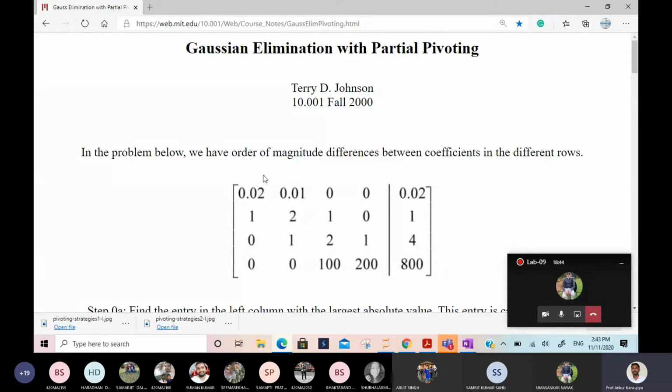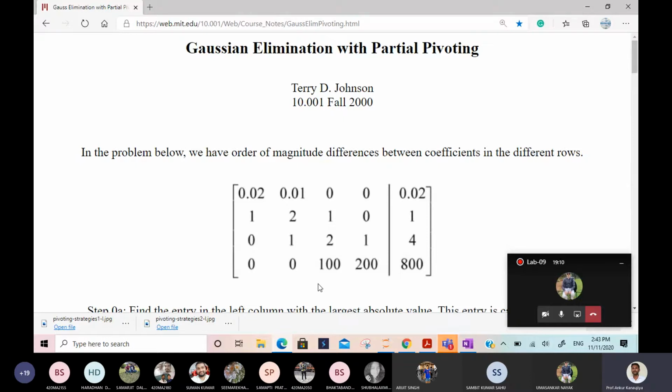If you want to do partial pivoting, it is Gaussian elimination with partial pivoting. So we'll find the maximum value. Maximum value means the maximum of the modulus of that entry. If it is negative, we take the modulus, because a negative entry is always less than a positive one. So we'll take the modulus of this. Can you see all are positive? So there is no need to see which one is negative and which one is positive.